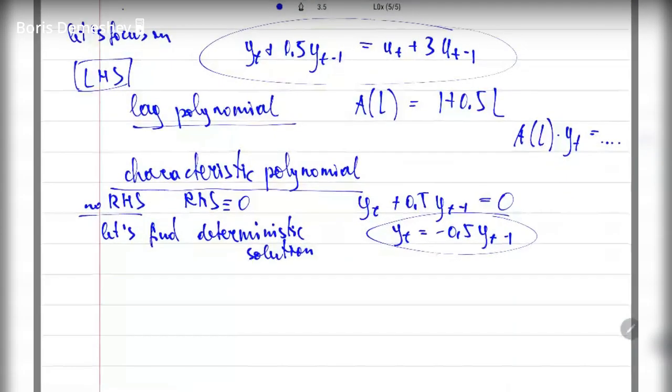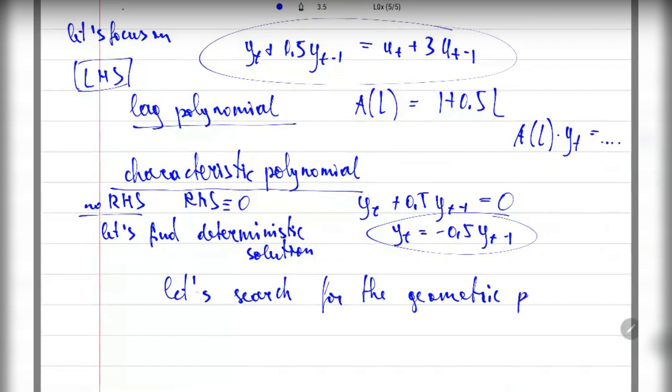Hence, let's search for a geometric progression. So let's say we search y_t equals lambda to the power t.